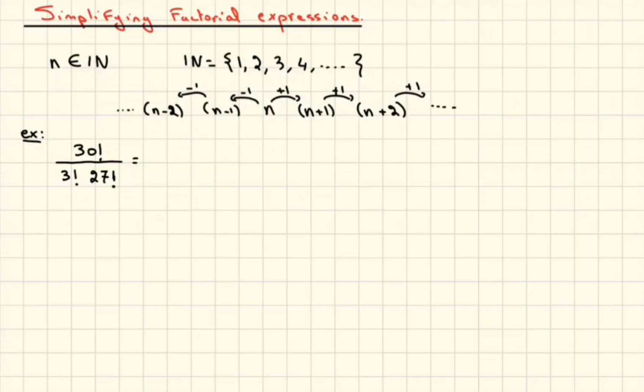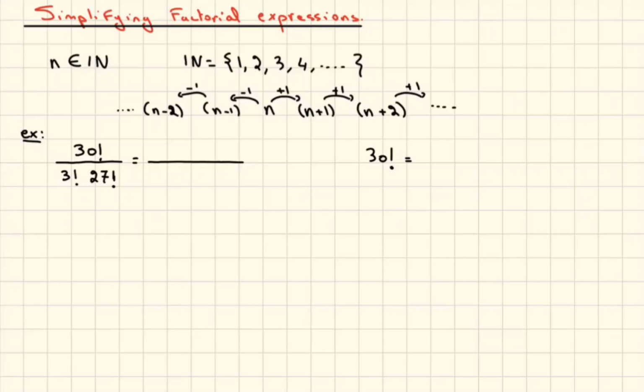However, there is a quick way to think about this question. I always look at the largest number I see in the expression, and in this case it's 30, and I look at the second largest number I see, which is 27. As we said before, we can rewrite any factorial of a number in terms of factorial of a smaller number.